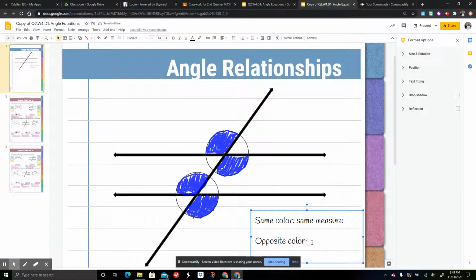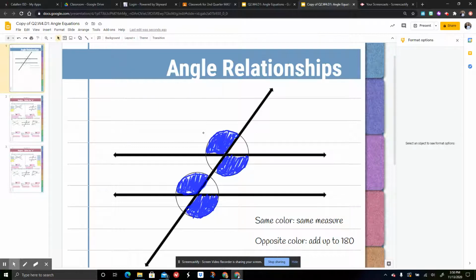But if they are opposite in color, for example, if one is shaded and one is not, then they add up to 180 degrees. So if they said that this angle was 60 degrees, then you would know every single angle that's not shaded is 60 degrees. And you would also know that this angle would have to be 180 minus 60 because these two add up to 180.